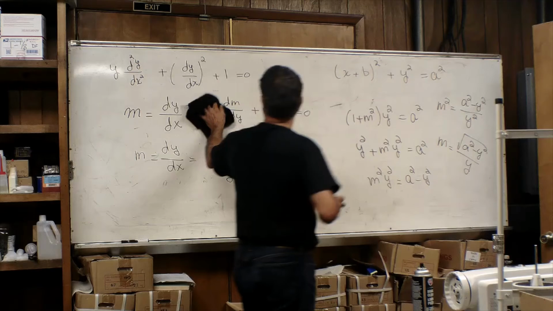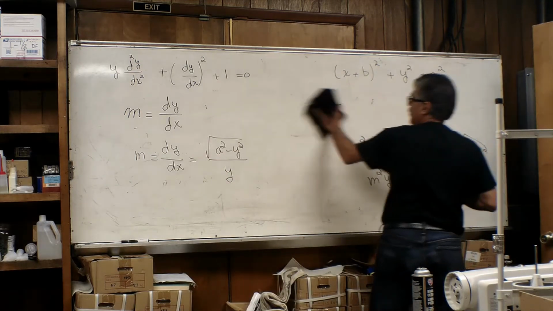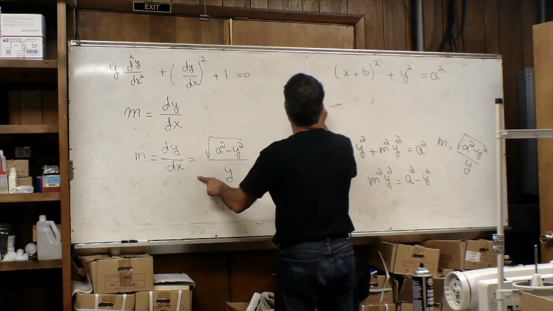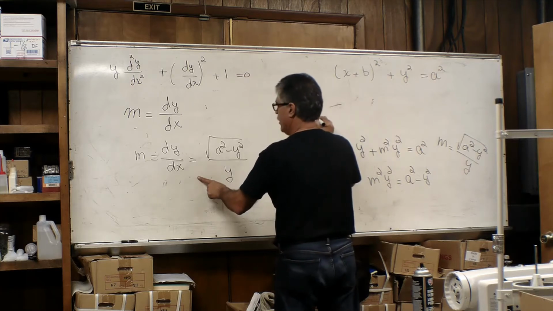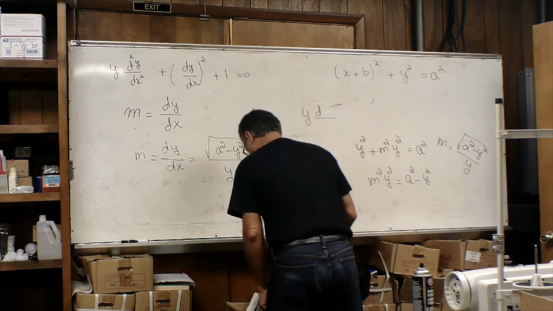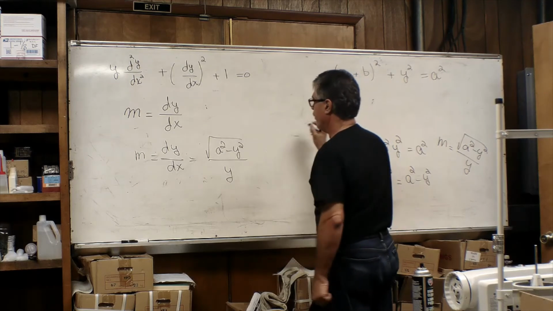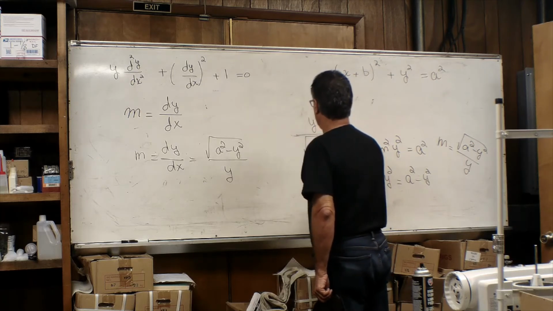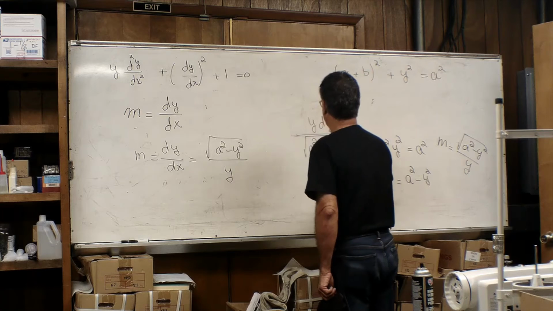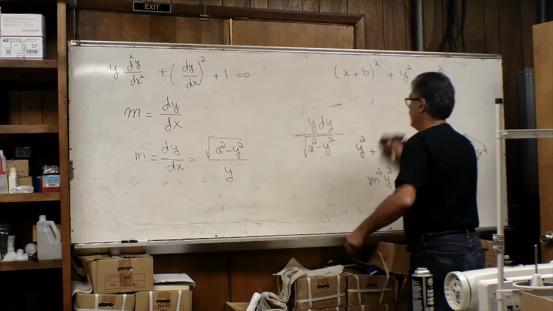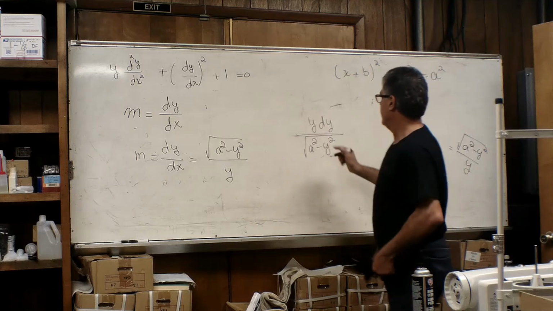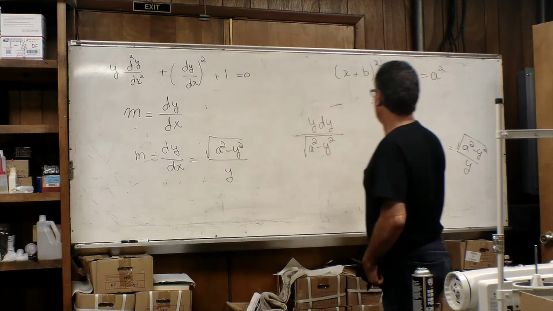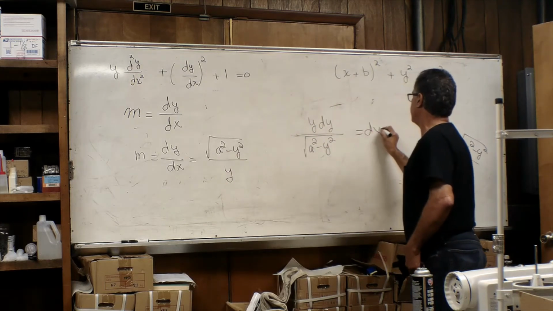We can write this as y dy divided by the square root of a square minus y square, y dy over the square root of a square minus y square is equal to dx.